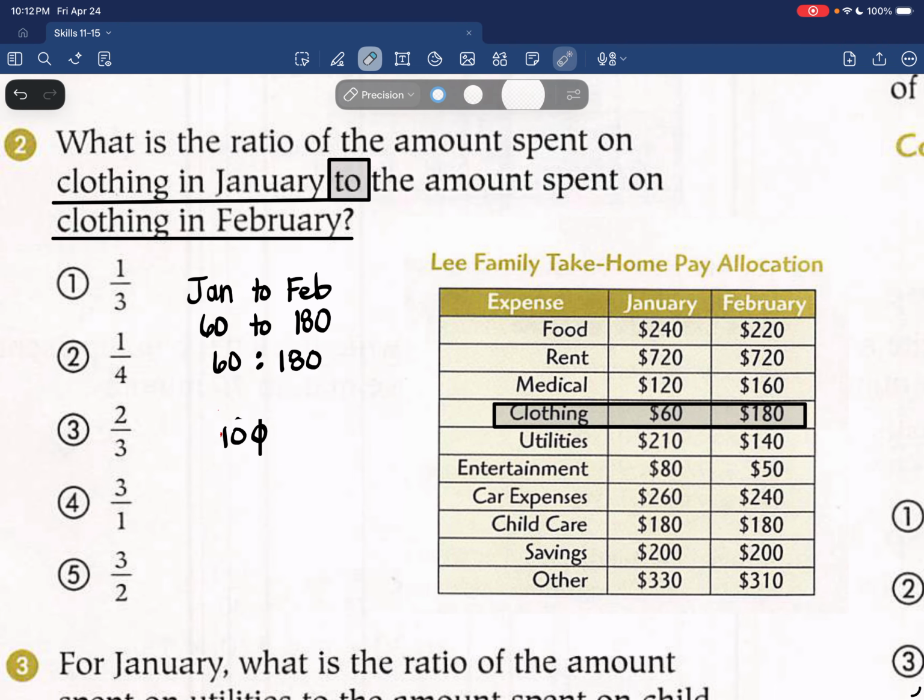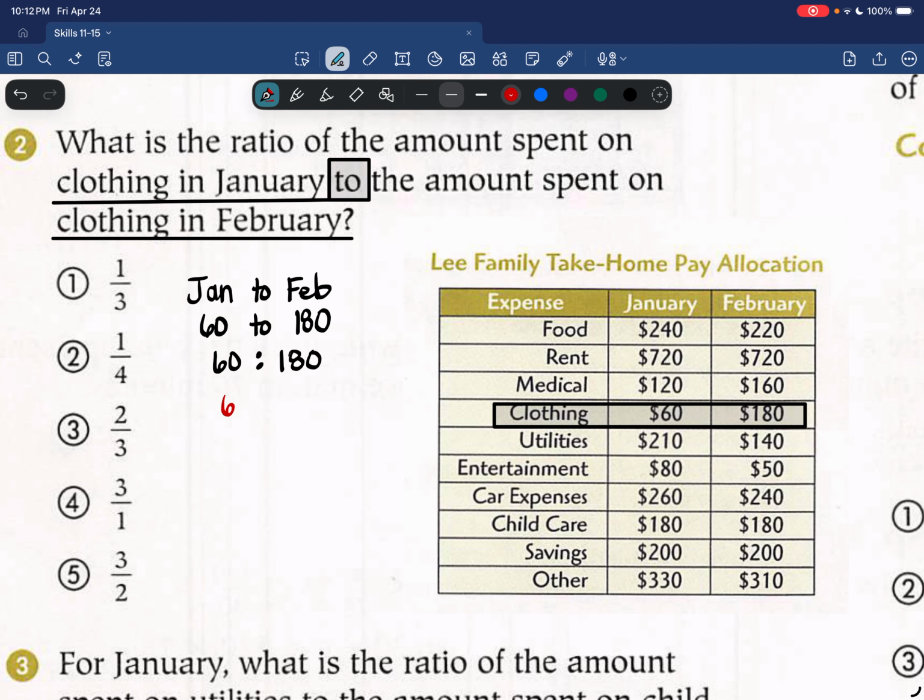What I want you to realize is if you're not getting the answer that is listed, you've done something wrong, and it happens to us all, so don't feel bad. How about 60 over 180 instead of 100.